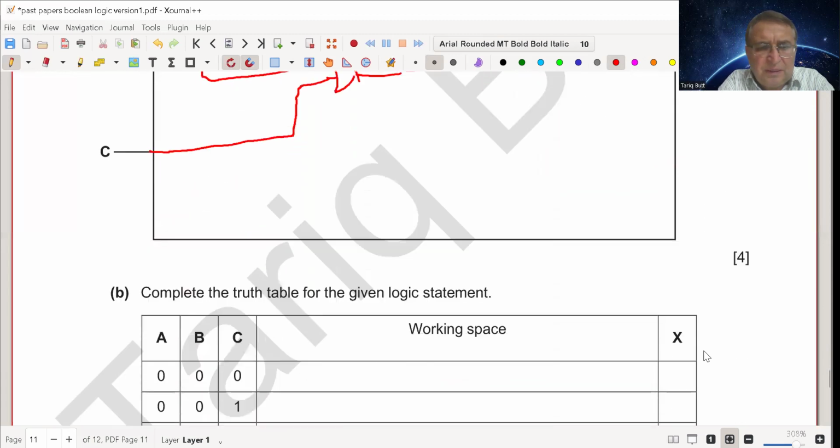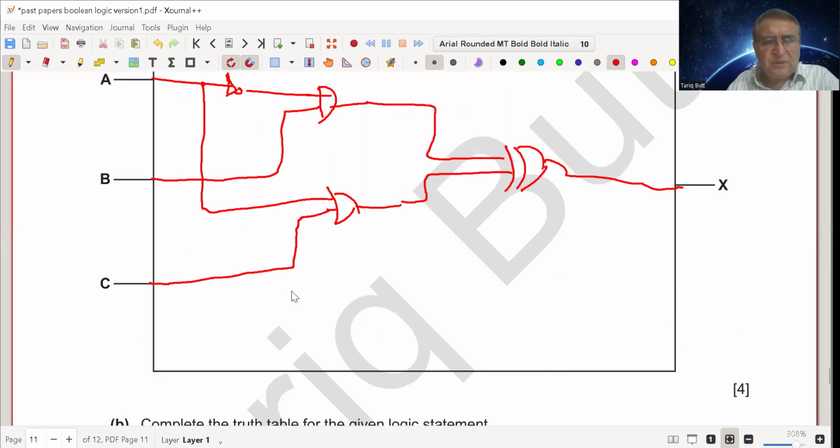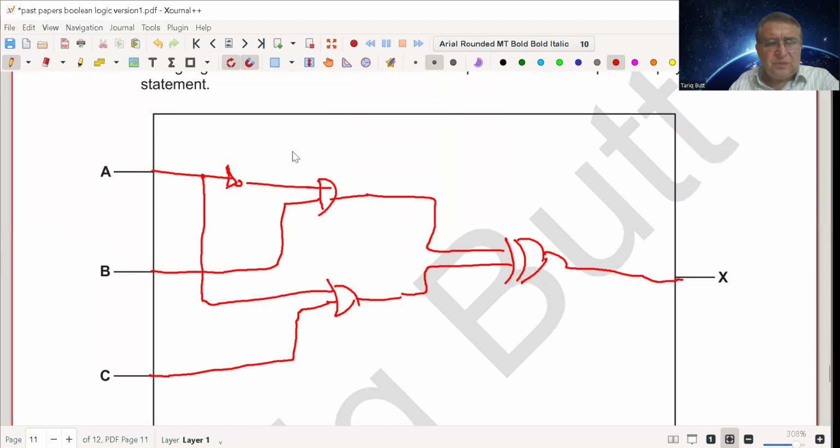Fine. Next is asked to draw its truth table. So let's see what is required for truth table. First of all, you need not of A, which you can write down like this as well.